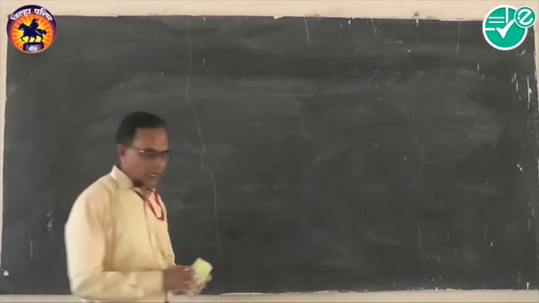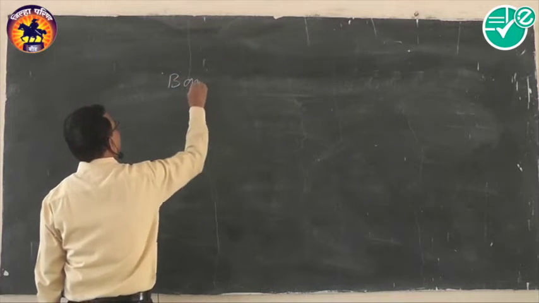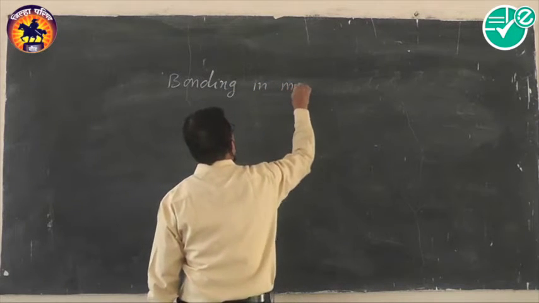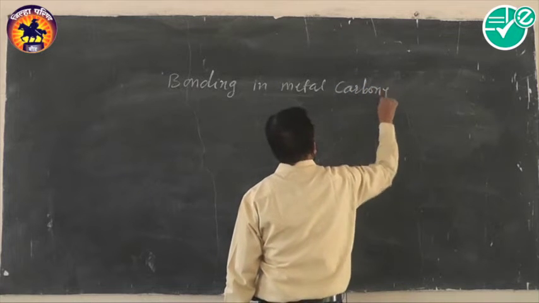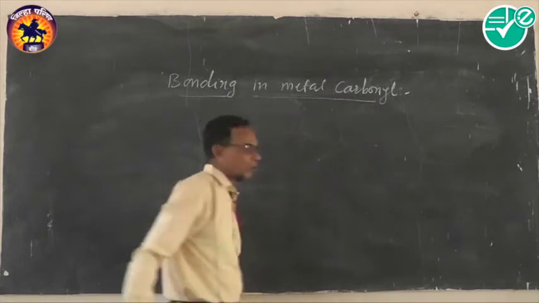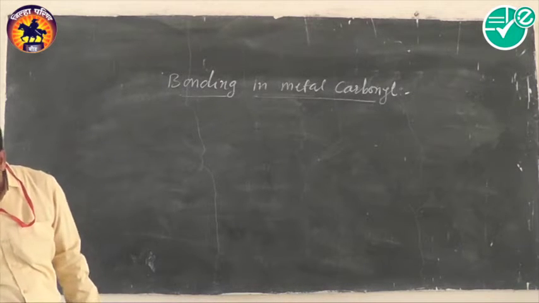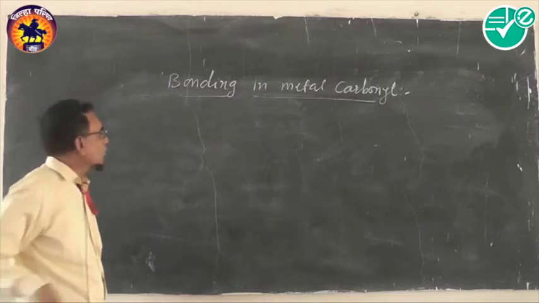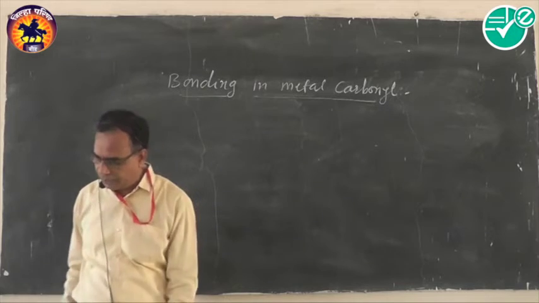Then the next article that we have to see is bonding in metal carbonyls. Compounds containing carbonyl ligands are known as homoleptic carbonyls.